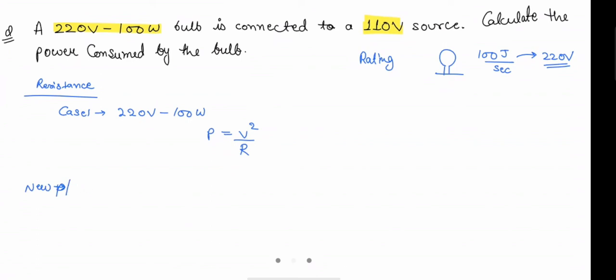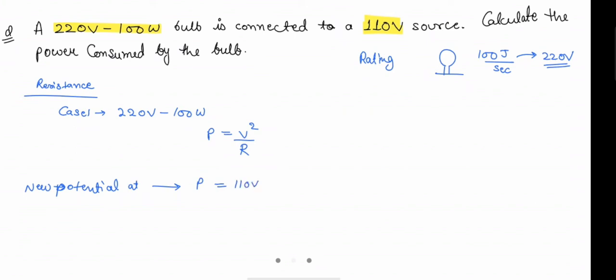So how will we know the new potential? We will use the same formula, but instead of writing V square as 220 volt, we will write 110 volt. In this case, with the new potential, we need to find the power, and the potential with which you have connected is 110 volt.